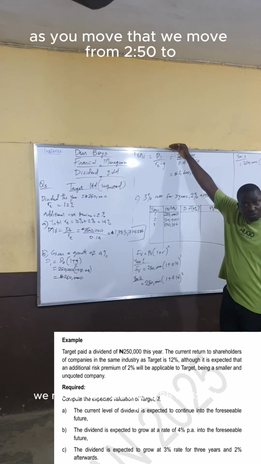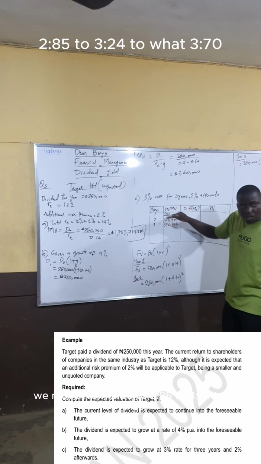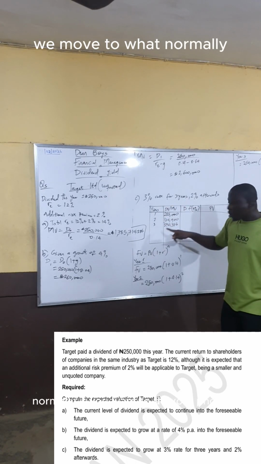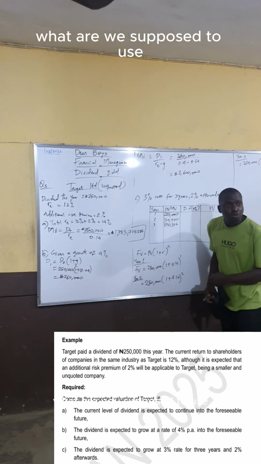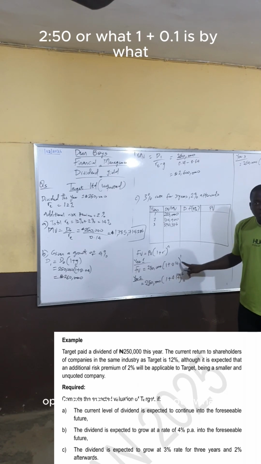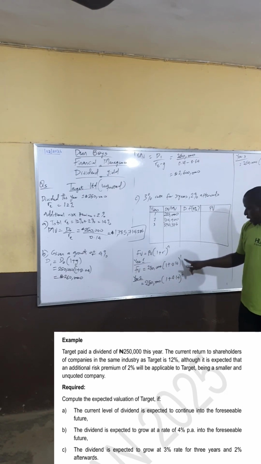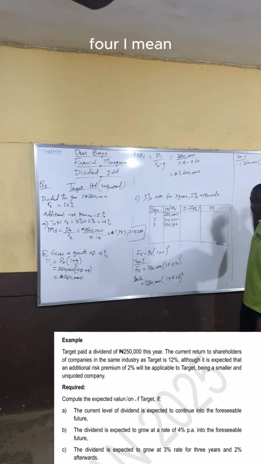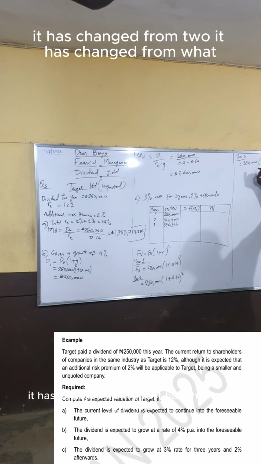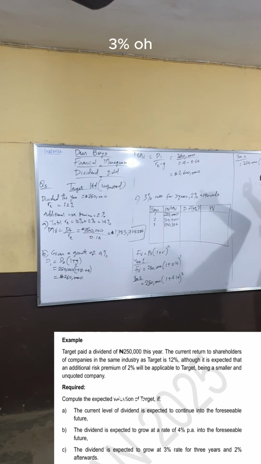As we move from 285 to 324 to 370, normally if you want to do year 4, what are you supposed to use? 250 multiplied by 1 plus 0.14 to the power of 4? But now they said it has changed from 3% to 2%.